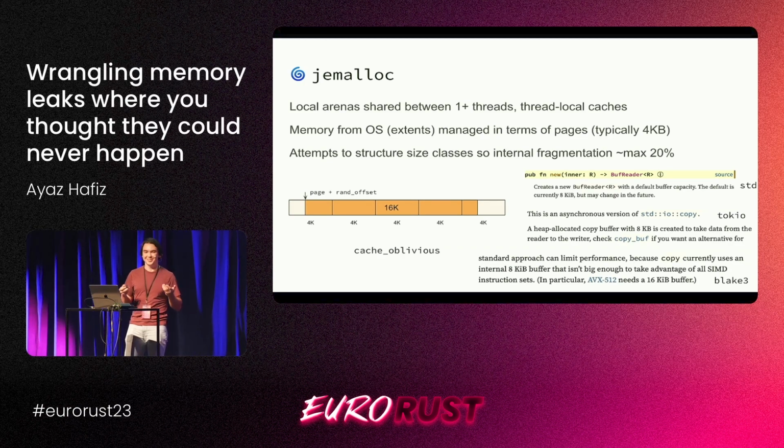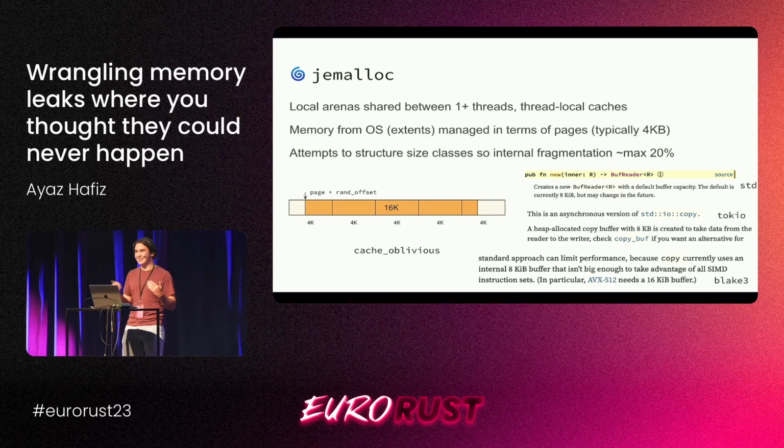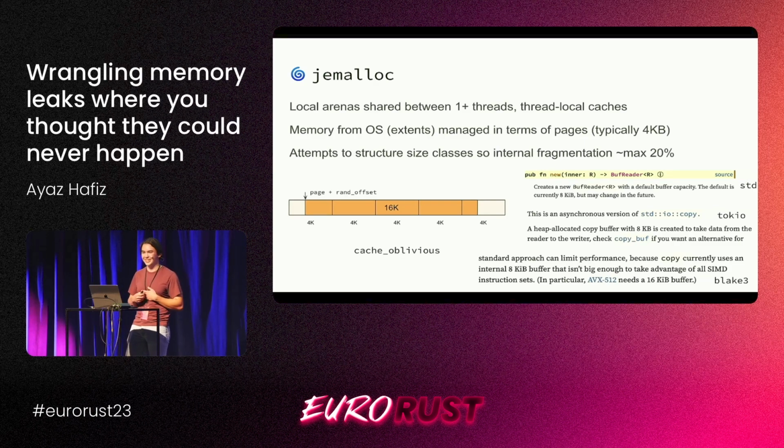And I would argue yes, because a lot of the popular crates, including standard libraries, say if you need to do an I/O operation and allocate memory in the process for a buffer, you should allocate 8 kilobytes. But in the jemalloc land, that means you're probably allocating more than 8 kilobytes, right?